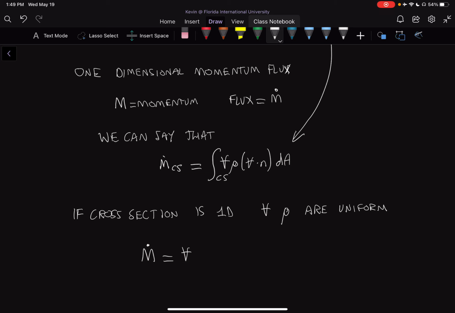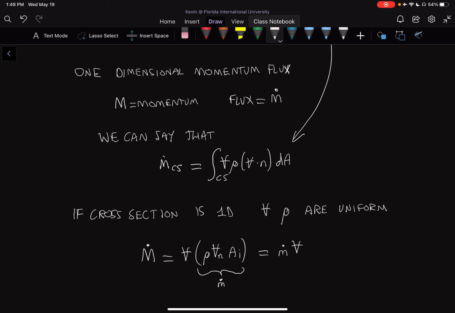It would be equal to velocity multiplied by rho times Vn, V normal, times A, and we know this is equal to m dot, so that would be equal to m dot times velocity.